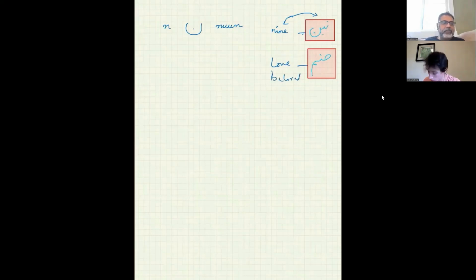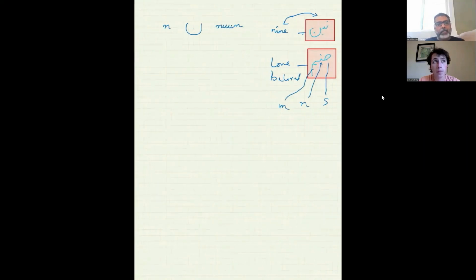So let's start with Sanam. In Sanam, this is the S. Right here is our N. And then this, of course, is the letter Meme, M. So Sanam is S, N, M, and there are many different types of S's. There's this and also this one that we're looking at today. All right, so I'm going to write Sanam. I'm going to do the S right now.